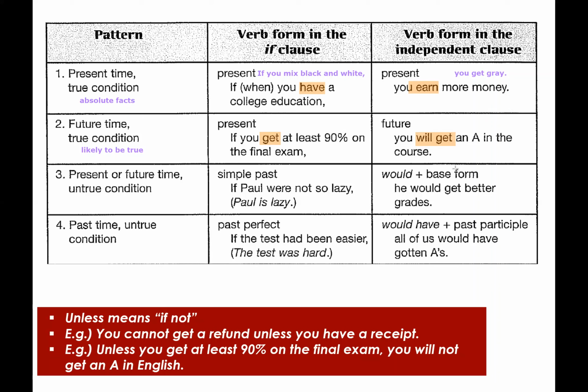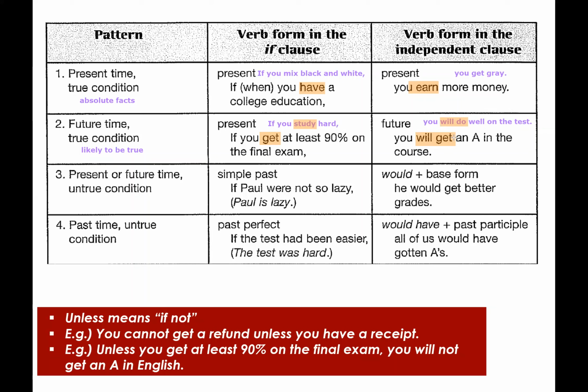You end up getting 0 for participation mark, but that is very likely. Or another example would be, if you study hard, comma, you will do well on the test. Same thing, there's no guarantee, right? Maybe on the day of the test, you get diarrhea, you end up performing really badly. Who knows? But in this case, you can see our if clause is in present simple tense, and our independent clause is in future simple tense.